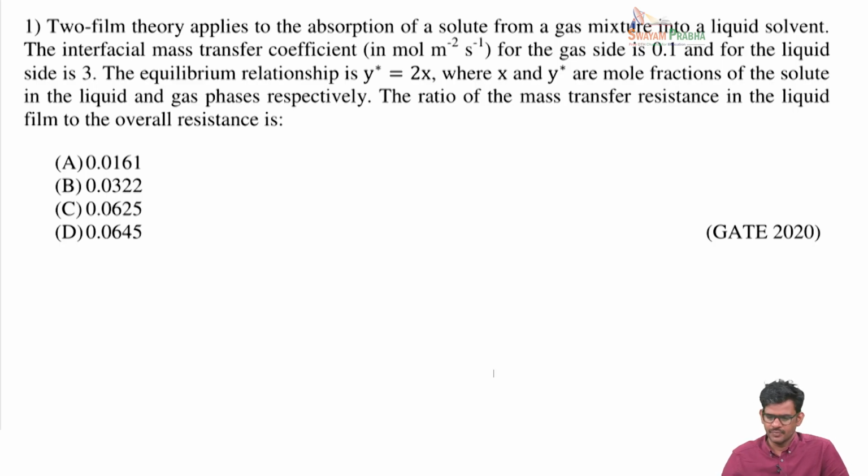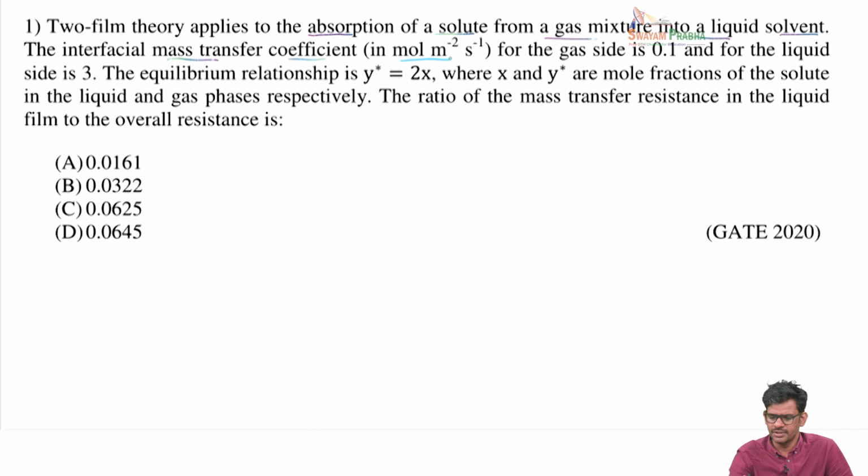So here maybe it's good to highlight the important things. We are talking about absorption of a solute from a gas mixture into a liquid solvent. So it's basically an absorption problem, or diffusion of A in a non-diffusing B type problem. And then they have given the mass transfer coefficient values.